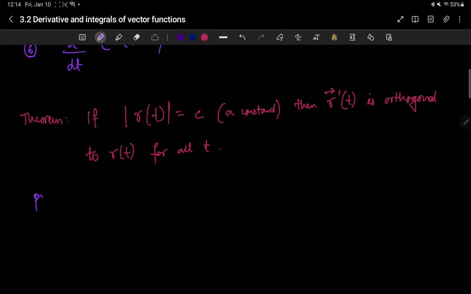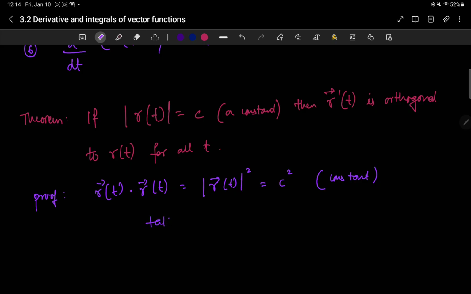Okay, and this can be proved quite simply. Take this r(t), dot it with itself. When you dot product a vector with itself, what do you get? You get the square of the magnitude. Now, if the magnitude is a constant c, then the square is also a constant.